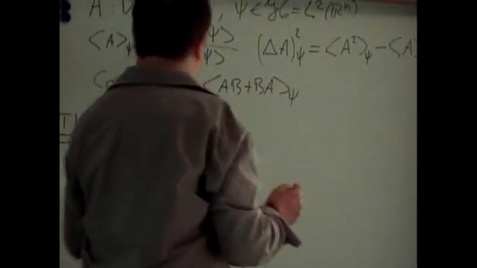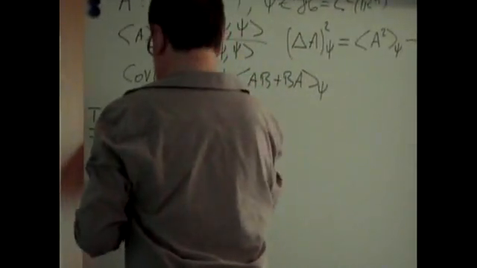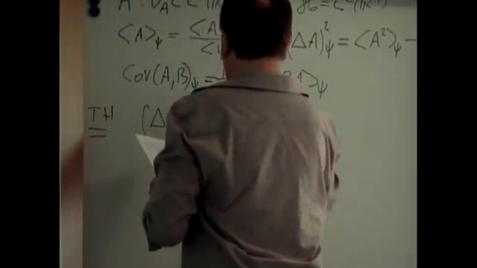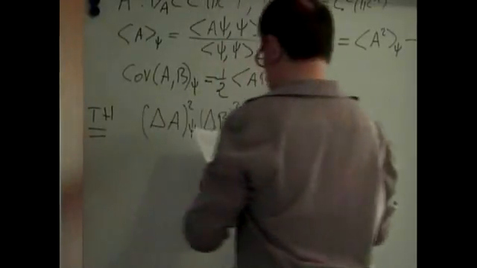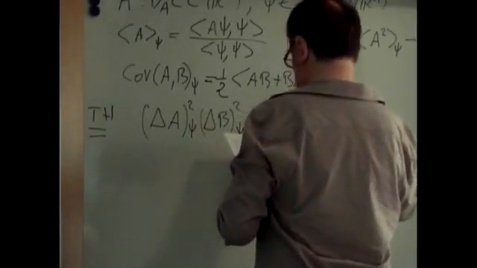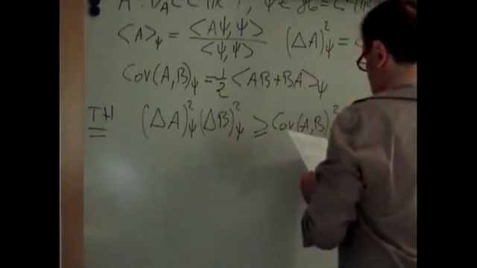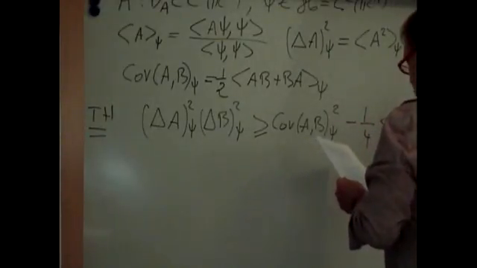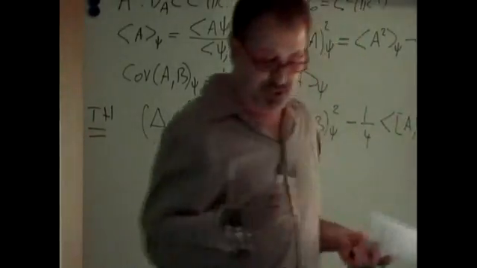Suppose that the variances and the covariances are well defined and so on, then delta A squared psi times delta B squared psi is larger than or equal to the covariance of AB in psi squared minus 1/4 of the average value of the commutator AB squared in the state psi. So this is the most general version of the uncertainty principle here.